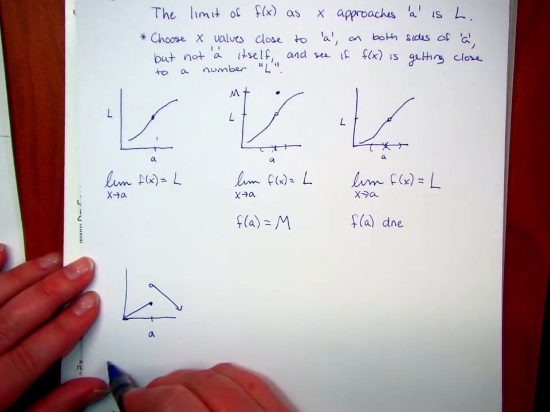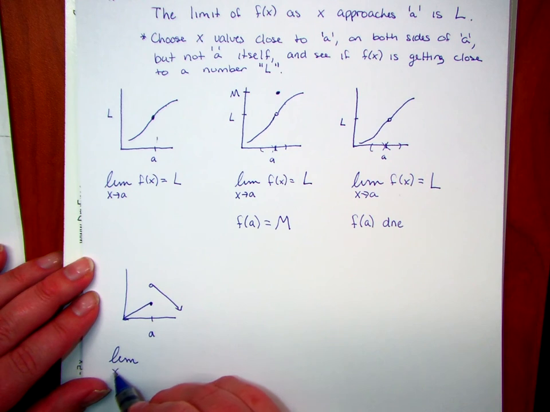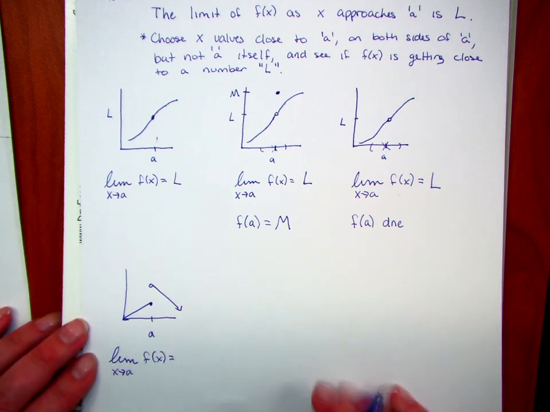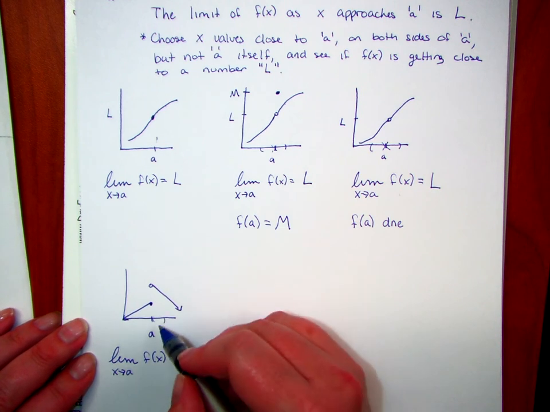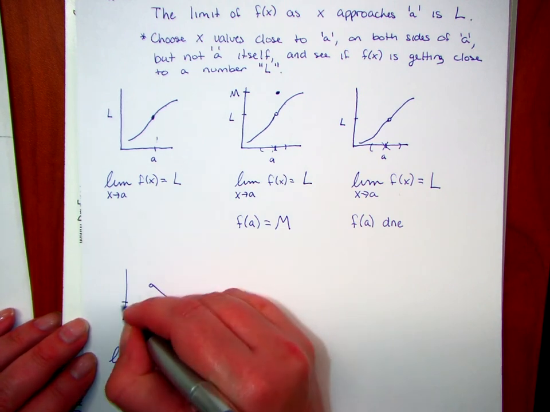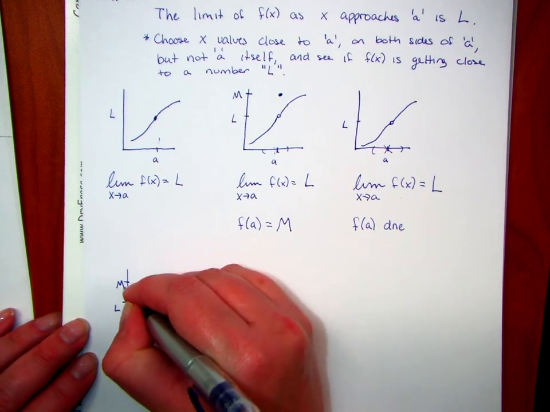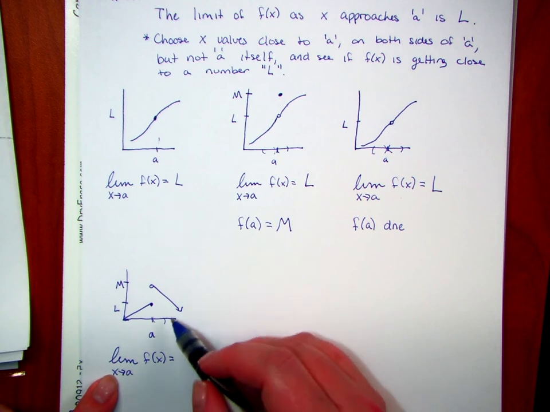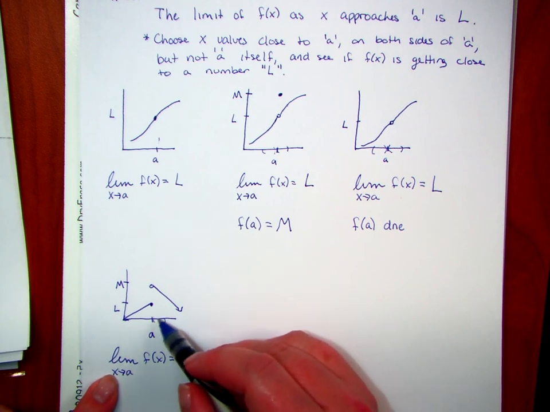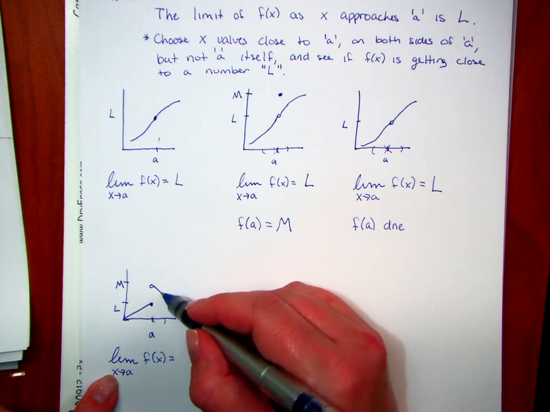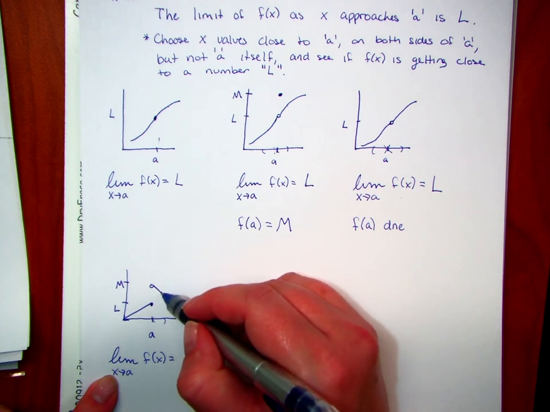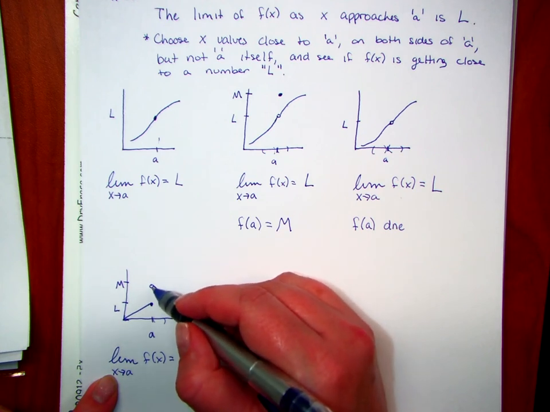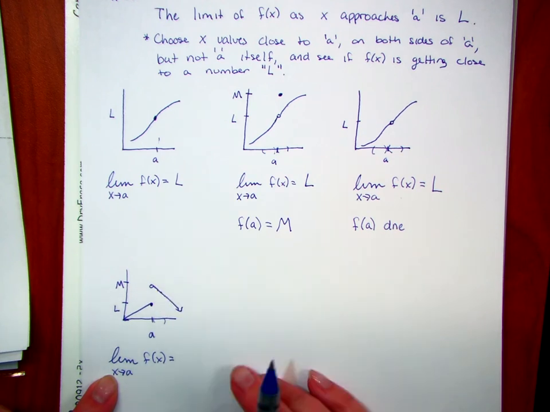And if we were to look at the limit as x approaches a of this function, let me call this L, and let me call this M. So if we were to pick x values greater than a and plug those in, the function values are on this line here on the right. And if I get closer and closer to a, those function values are approaching this number M.